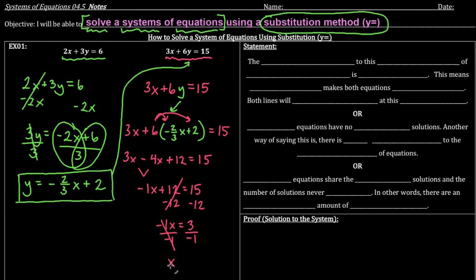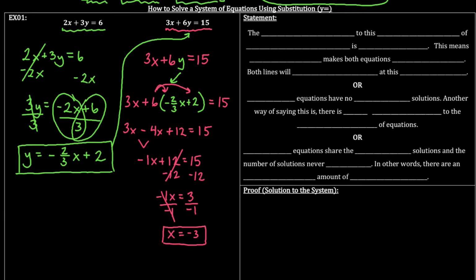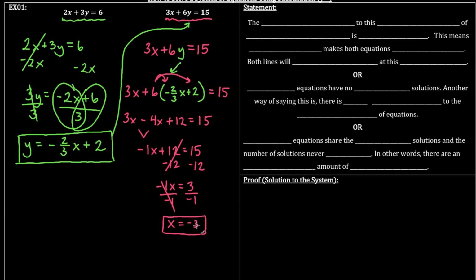And I get x equals, positive divided by negative is a negative, negative 3. All right, so I did all that just to get the x. I still have to plug the negative 3 in for x and substitute it in for either one of those. Remember, it doesn't matter which one. So x is negative 3.